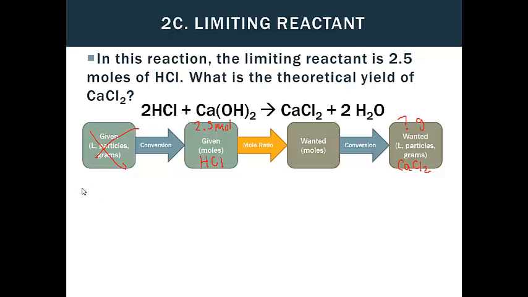So first I'm going to take my 2.5 moles of HCl, and I need to convert this using a mole ratio into the moles of what I want. So I need to convert this into moles of calcium chloride.